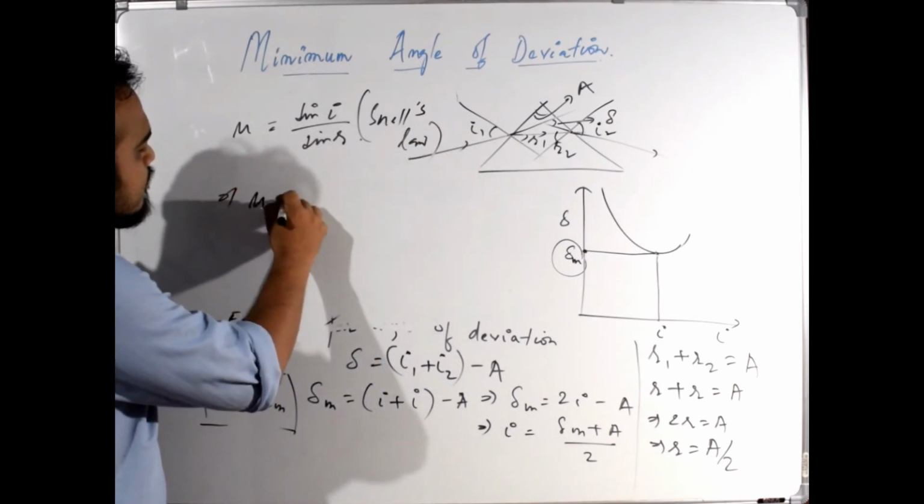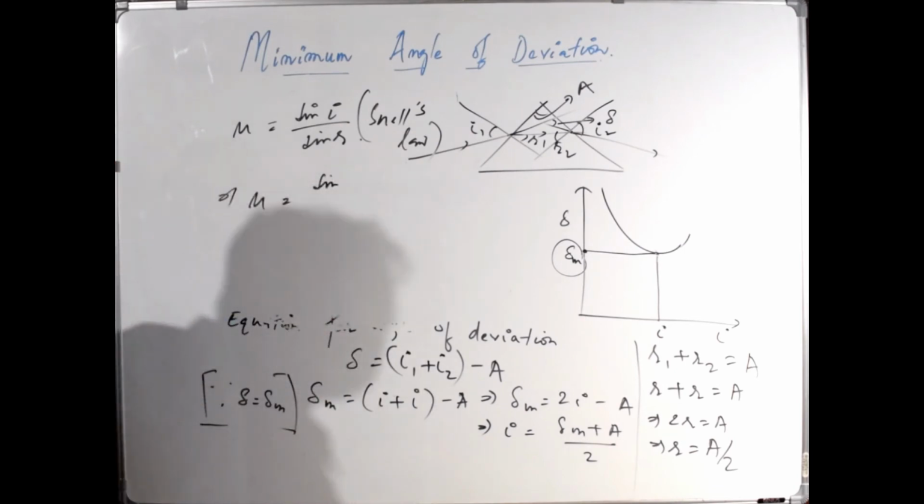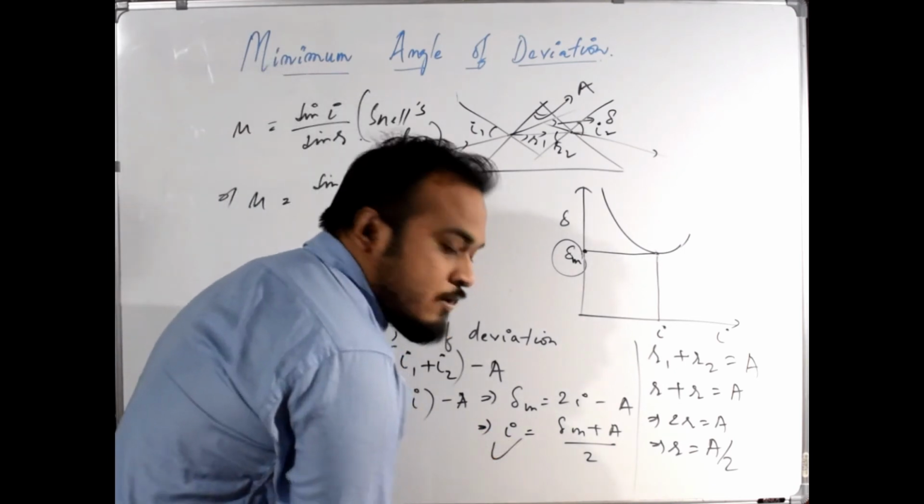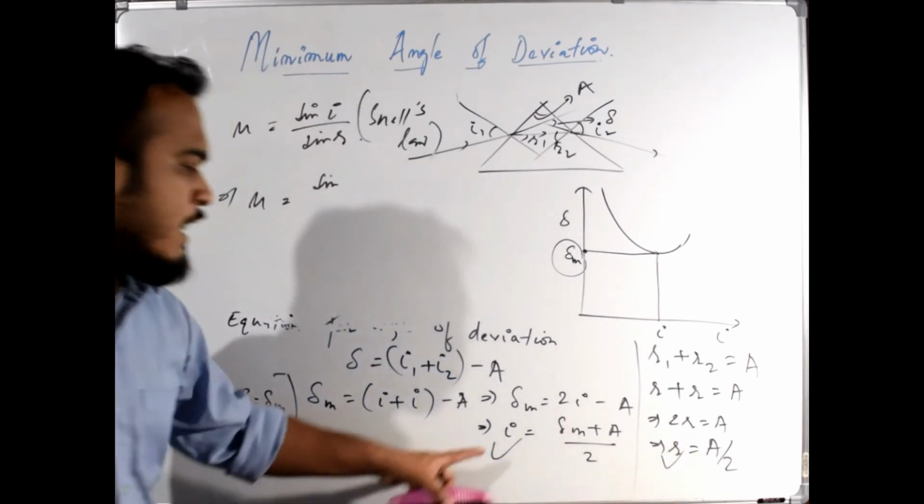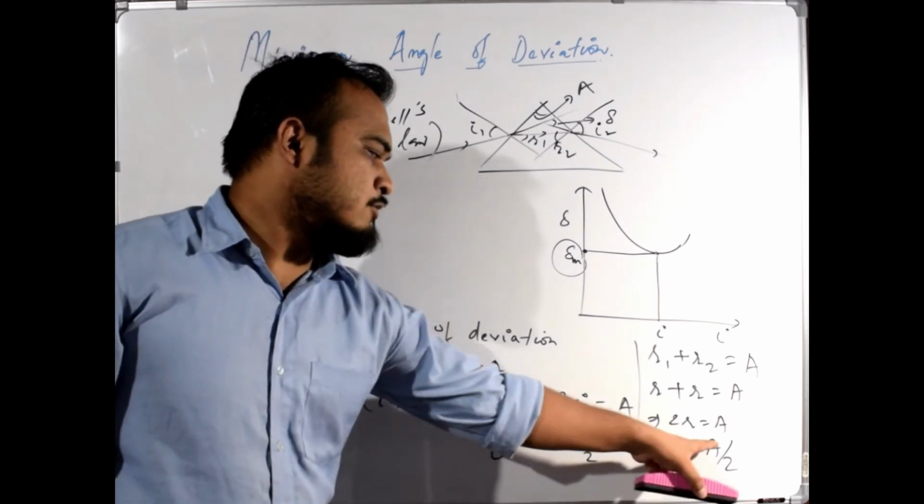So mu is equal to, we have found that i is equal to delta m plus A divided by 2, and r is equal to A by 2.